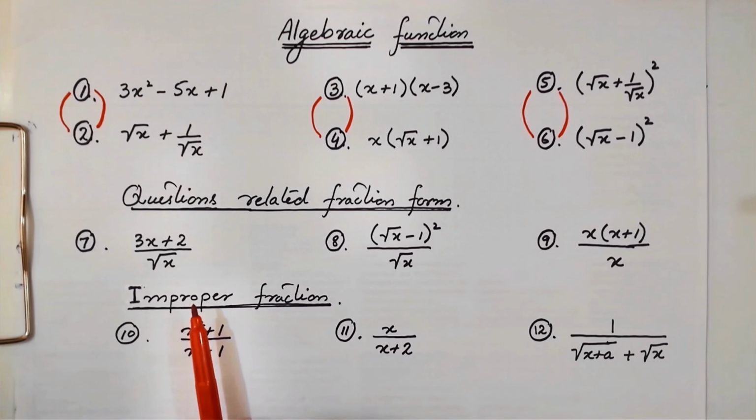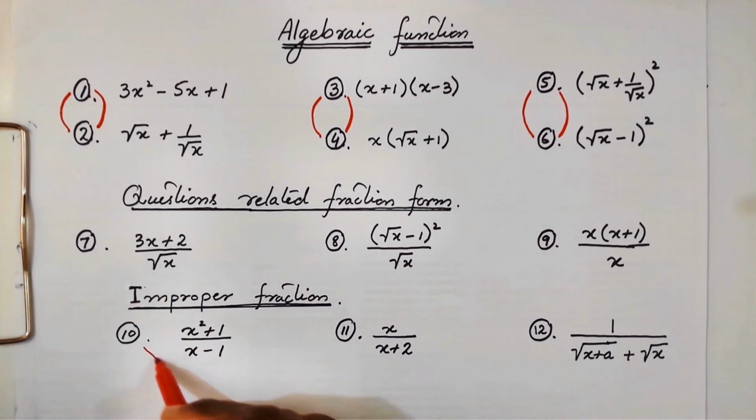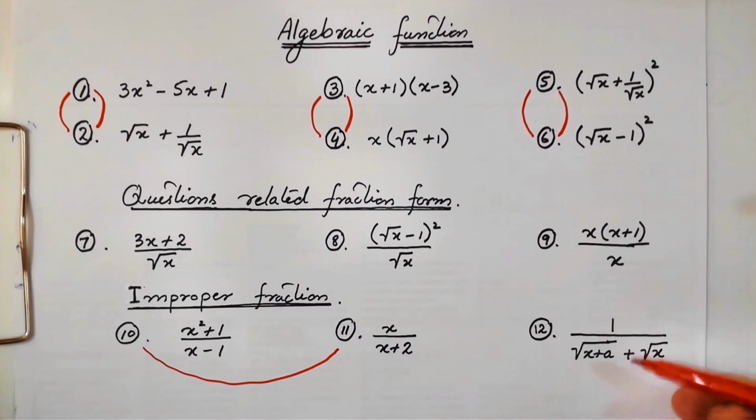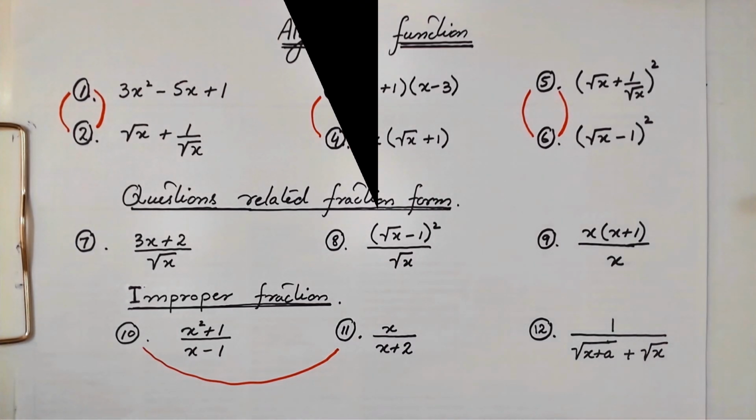I will tell you about proper and improper later when we do these questions. In the other type, the denominator consists of more than one term. So we will check how to find the integration of these questions, question number 10 and question number 11. Then at the end we will try question number 12, which is different from the other questions. We will check how to find the integration of this question.